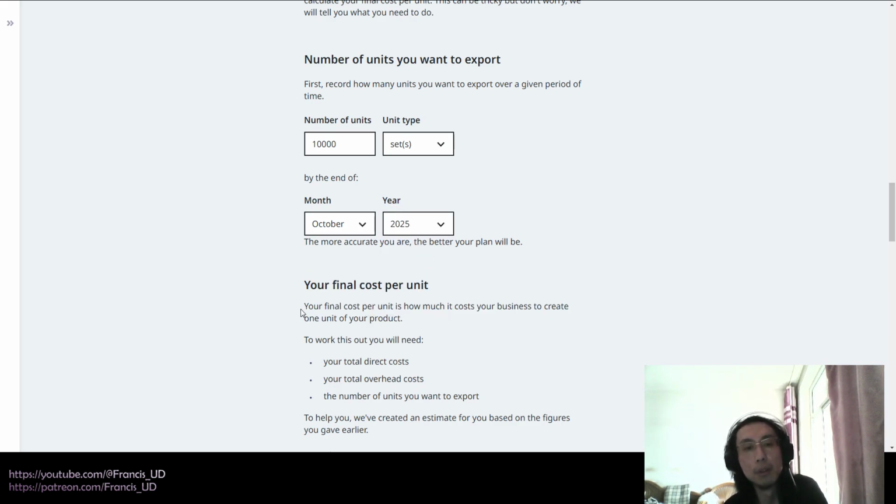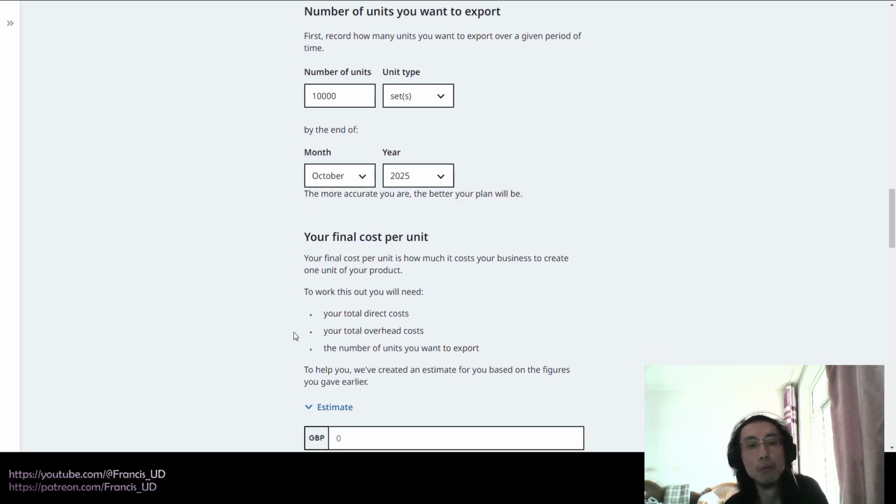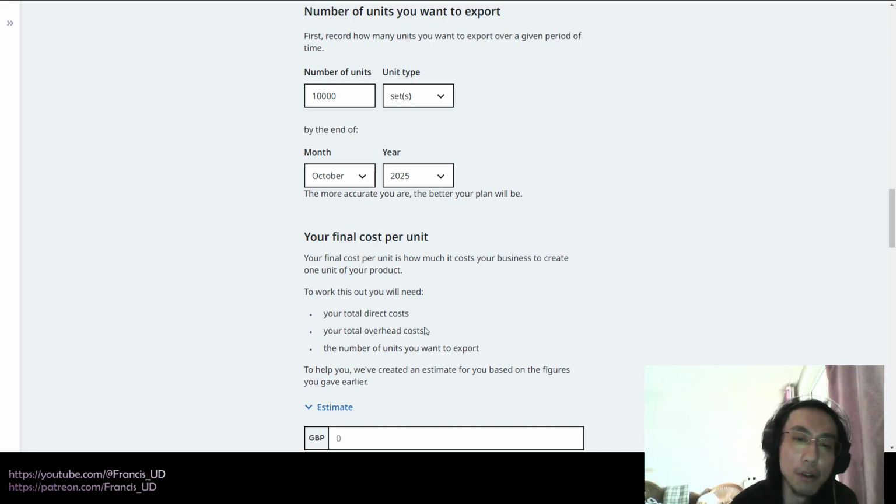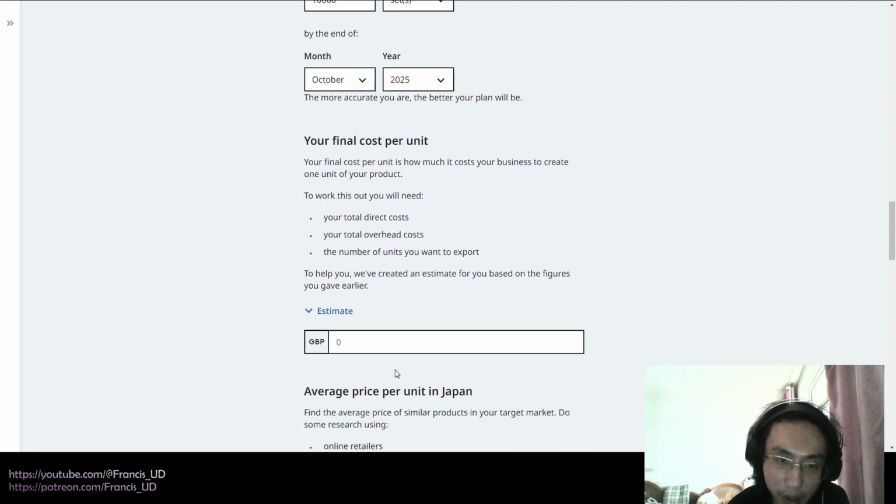Your final cost per unit is how much it costs your business to create 1 unit of your product. To work this out, you will need your total direct costs, your total overhead costs, and the number of units you want to export. To help you, we've created an estimate for you based on the figures you gave earlier.